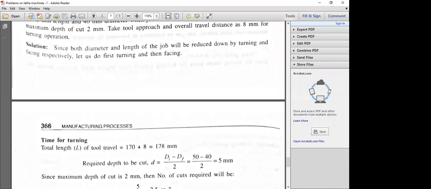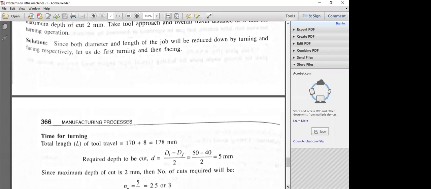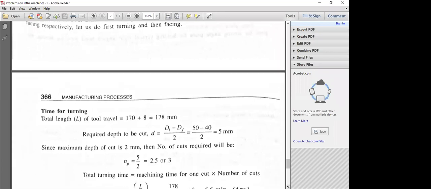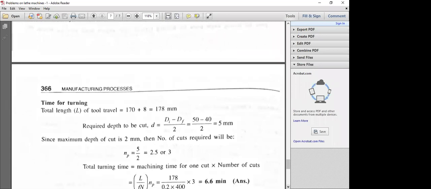If you take only 170 while calculating the machining time, you will get a wrong answer. The total length of tool travel is the job length plus 8, that is 178. That is very important, and you have to take it into consideration.